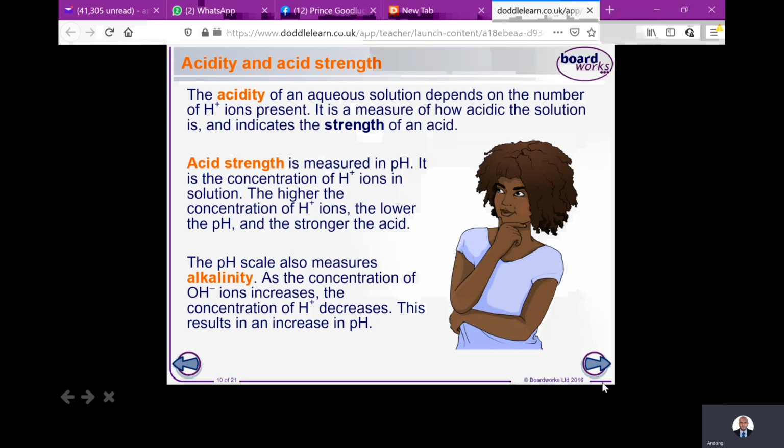It will all depend on the hydroxide ion concentration or the hydrogen ion concentration. The higher the hydrogen ion concentration, the stronger the acid. The stronger the acid, the lower the pH. In other words, the lower the hydrogen ion concentration, the weaker the acid. The weaker the acid, the higher the pH.